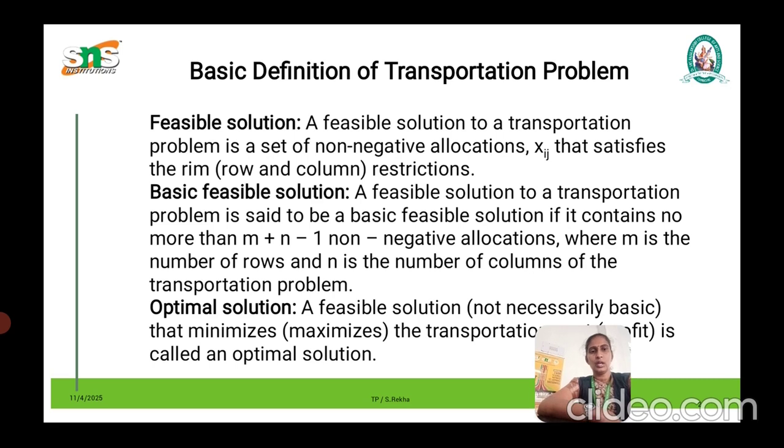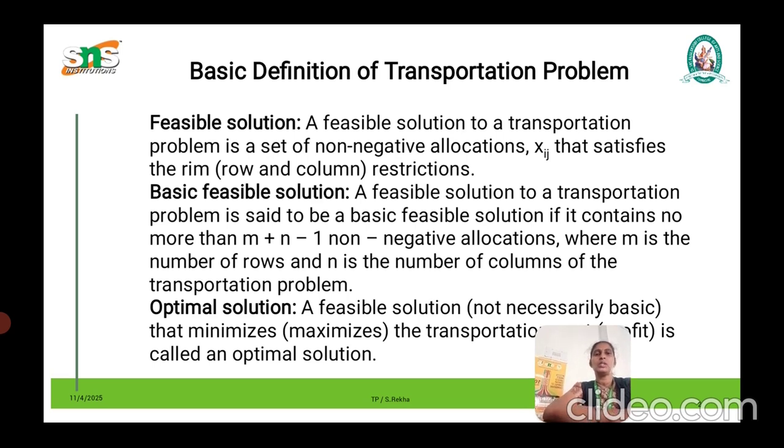First of all, you have to recall what a feasible solution is, then a basic feasible solution, and last, an optimal solution. For the transportation problem, we have to check whether the allocations are non-negative and whether each row and column satisfies the restrictions.